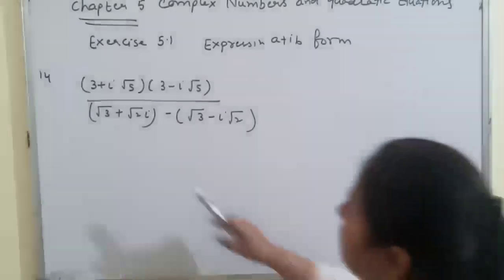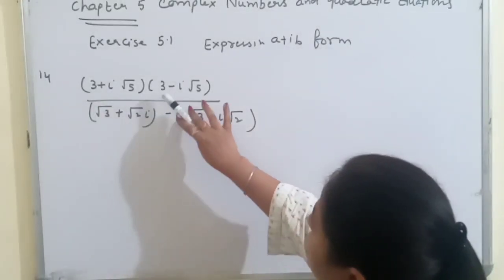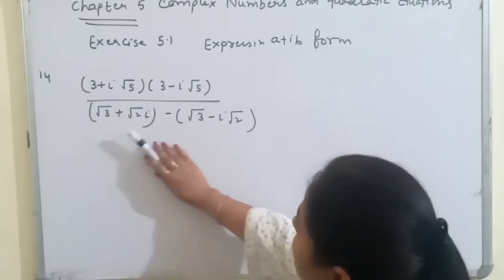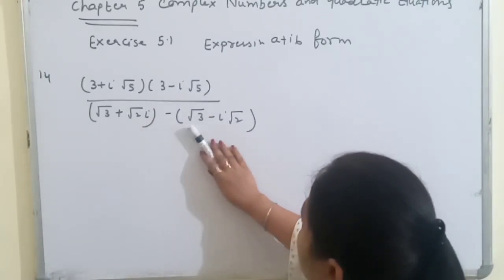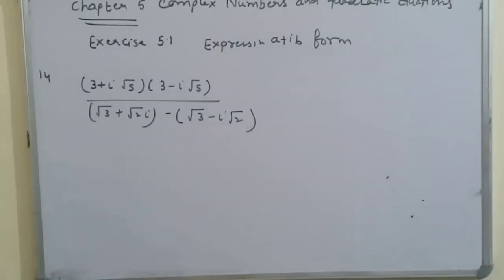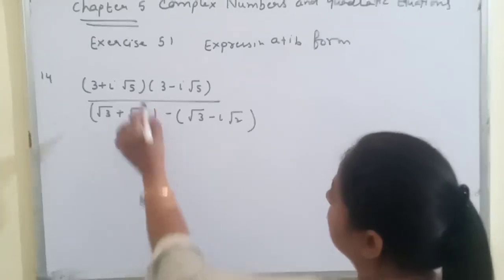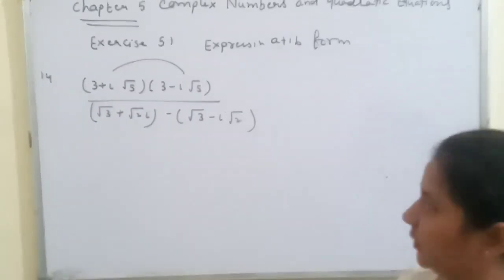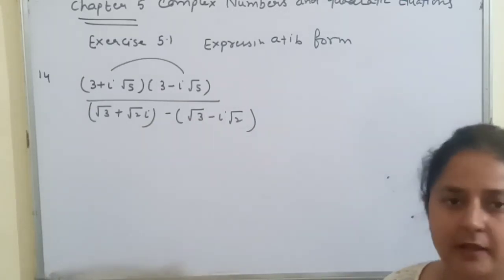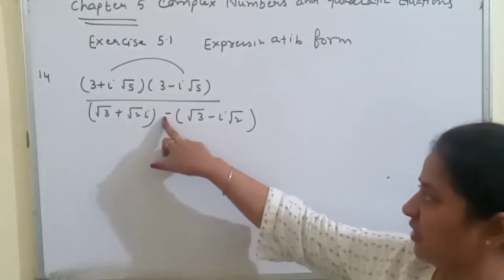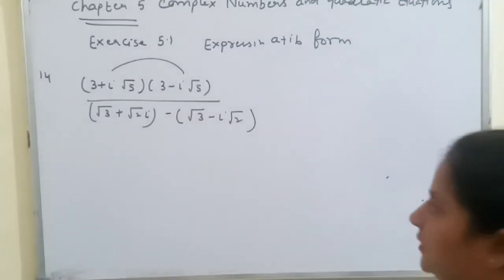Question number 14: 3 plus iota root 5 into 3 minus iota root 5. At the denominator this is under root 3 plus under root 2 iota minus under root 3 minus under root 2 iota. Now at the numerator you can see both terms have the same values but their sign is changed, so we can apply a plus b, a minus b. At the denominator we just have to change the sign for the second term.